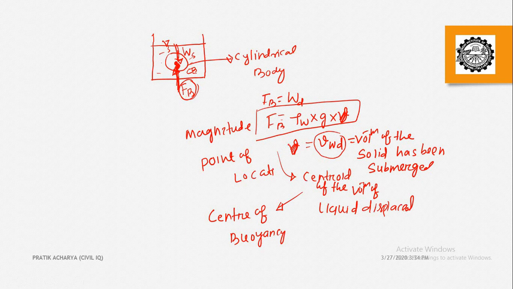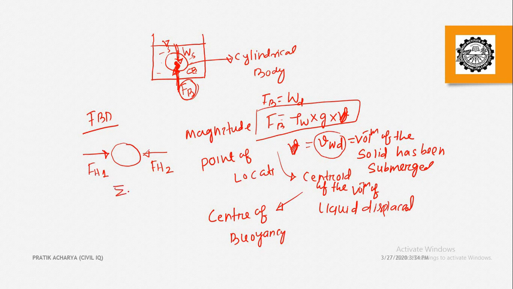So already we know this. If you draw the free body diagram of this cylindrical body, there is hydrostatic force F1 and hydrostatic force in the second part on the horizontal components.